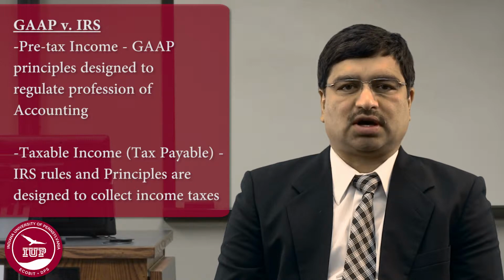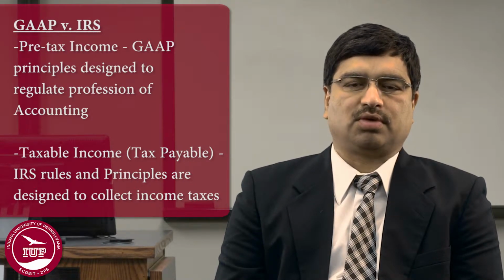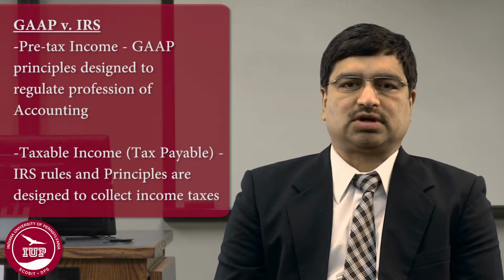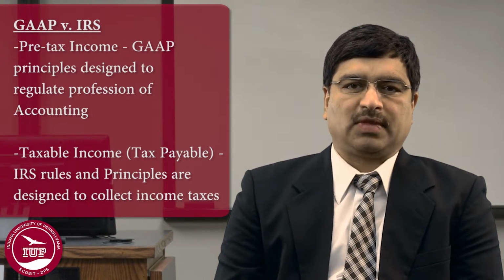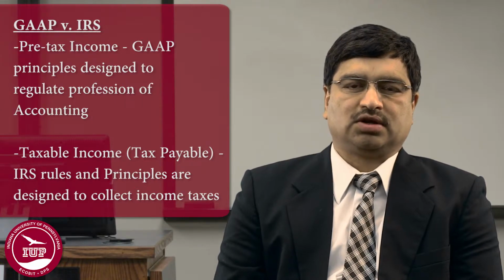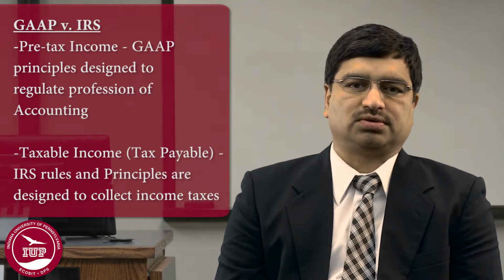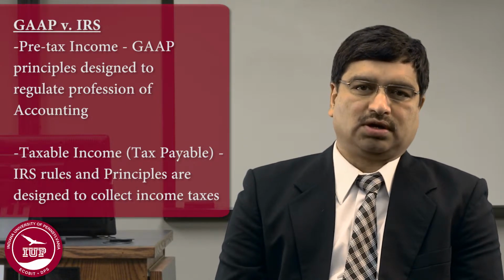Under GAAP, the accounting income is computed based upon the principles designed by the accounting profession or FASB. As far as tax income is concerned, it is based upon the IRS principles, which are designed to collect income taxes. So when we compute the taxable income under GAAP or under IRS rules, there might be a discrepancy or a difference between these two incomes.